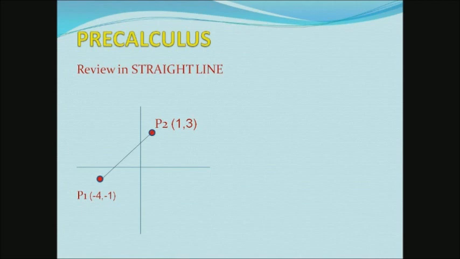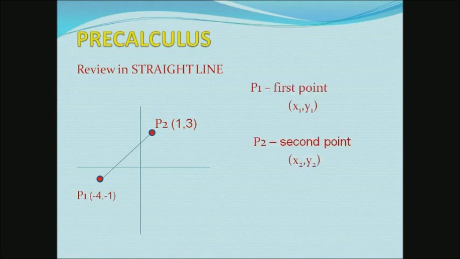Next, let's say we have on a Cartesian plane 2 points: point 1, which has coordinates -4 and -1, and point 2 with coordinates 1 and 3. Now, P1, our first point, its coordinates represent the x1 and y1.